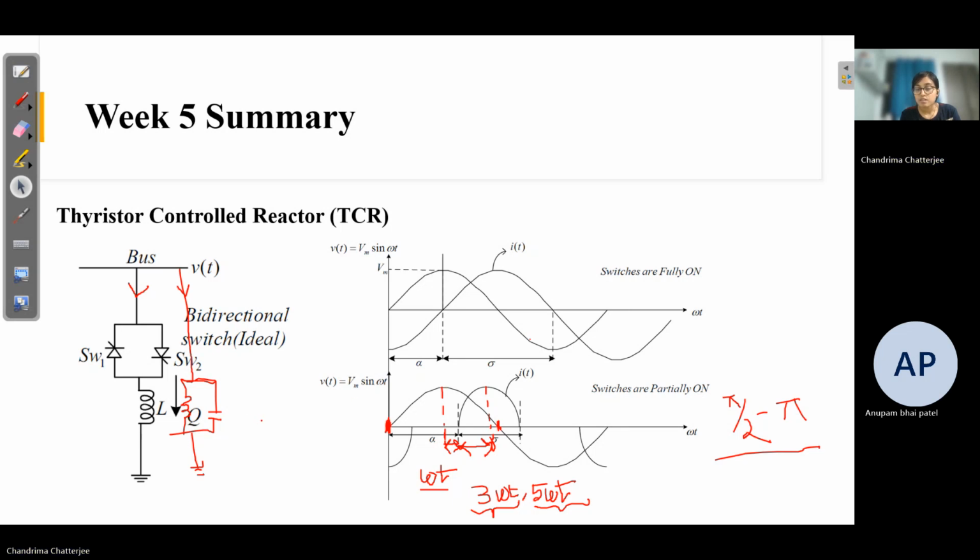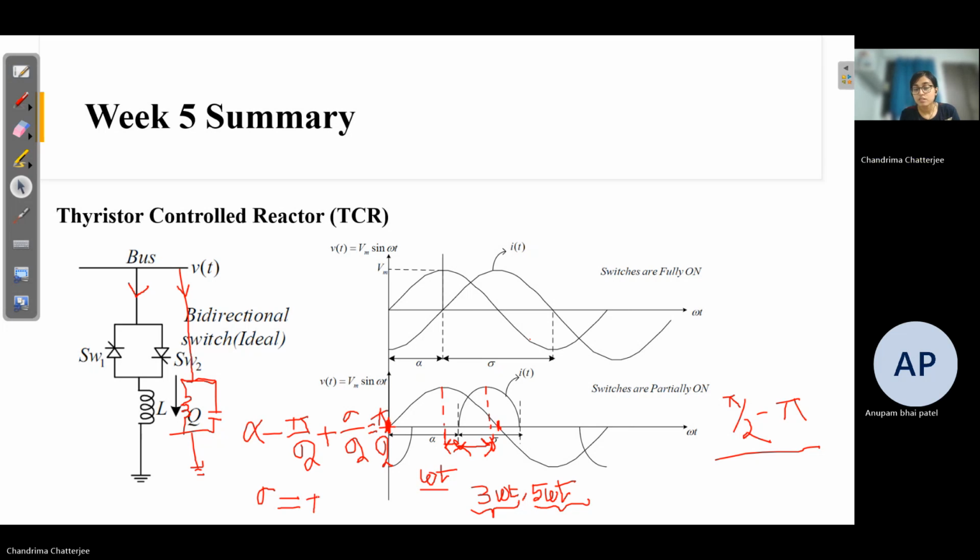So alpha minus pi by 2 plus sigma by 2 plus sigma by 2 is equal to pi by 2.